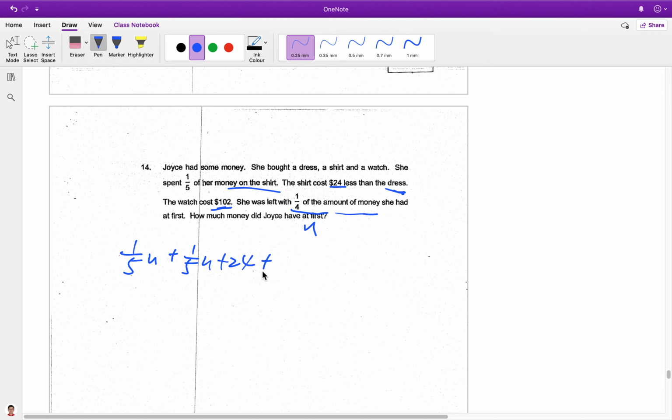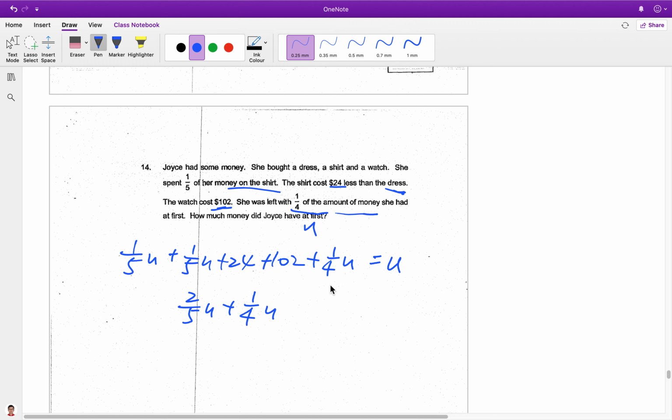Then the watch is 126. What he has left is 1/4 of the total amount of money, so 1/4 U. In total, this is U. So the shirt and dress together are 2/5 U plus 24, plus 1/4 U.